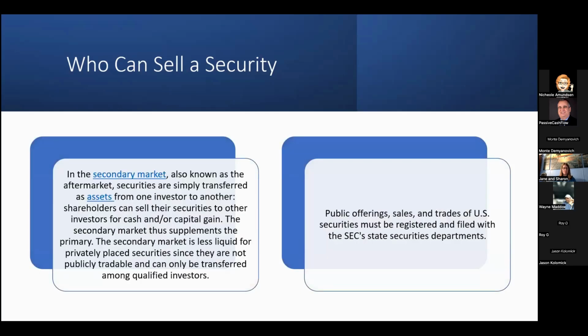Okay. The secondary market is also known as the aftermarket.